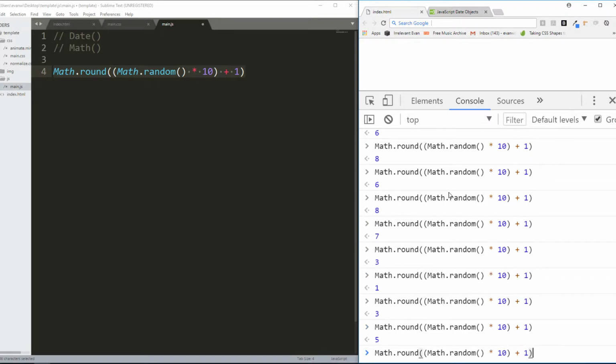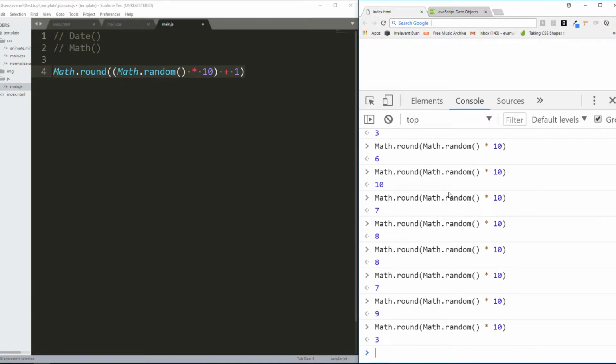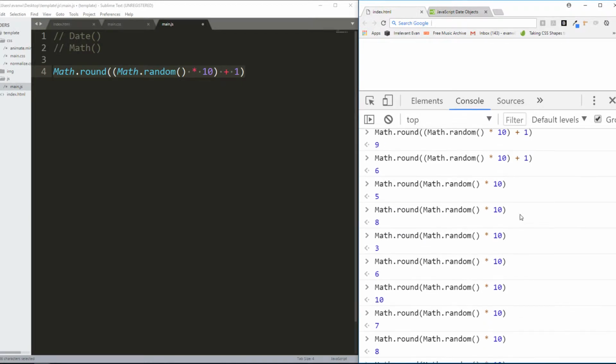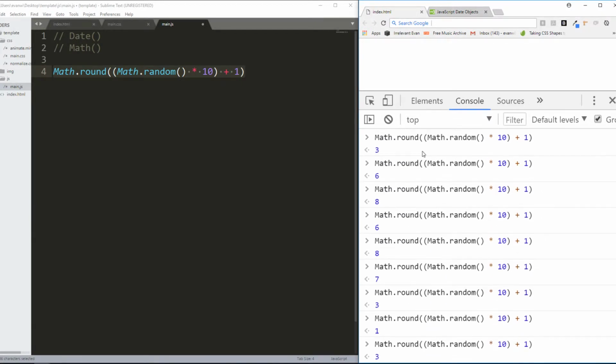So far, so good. No zeros. Got a 10. Oh, there's a 0. Oh no, this is the wrong function though.